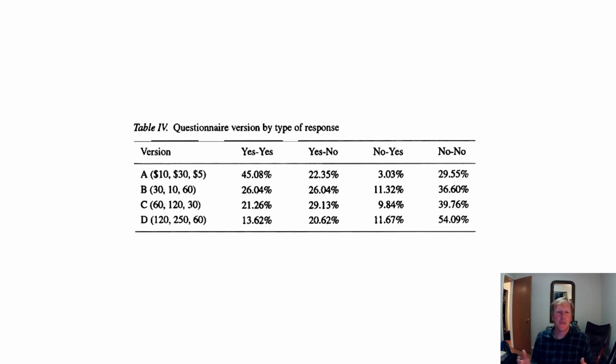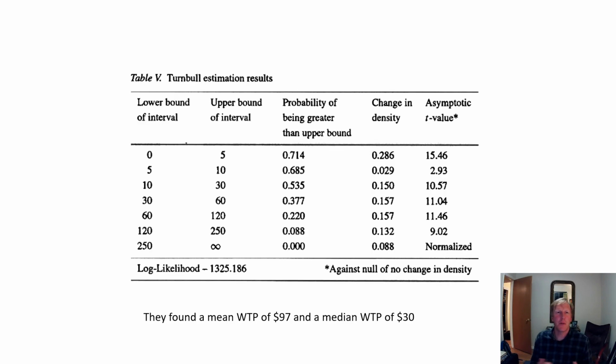And the results look something like this, right? They found percentages of the people that said yes to question A at $10, and about 45% said yes to the $10, and 22% said yes to the $30. And you see this distribution here down in question C. You see 21% said yes to $60. And if you get enough of these values, you can start to map out something that looks very much like the demand curve.